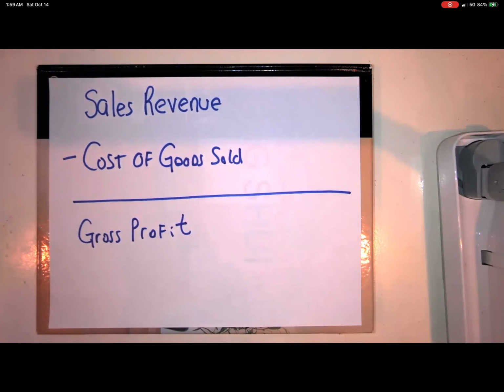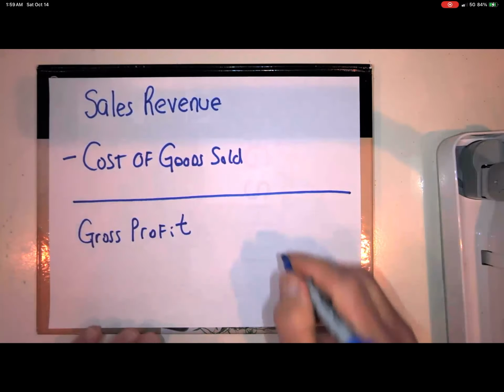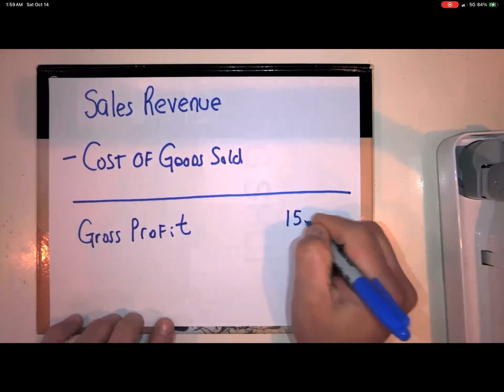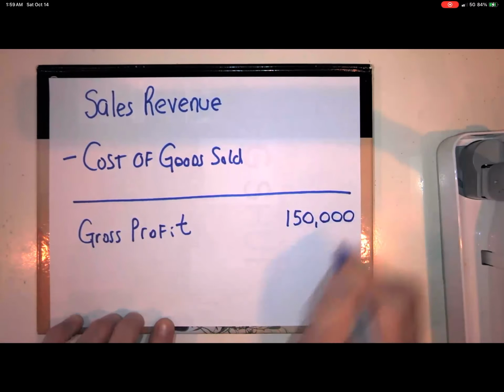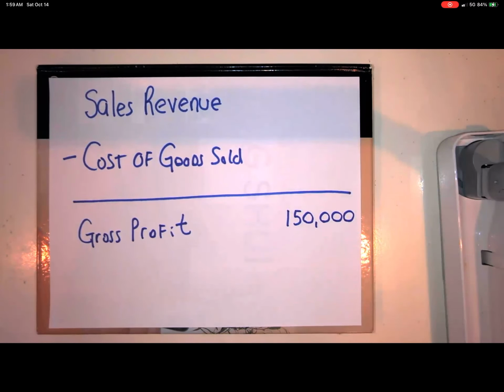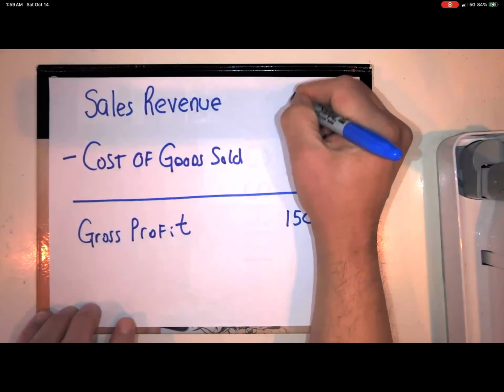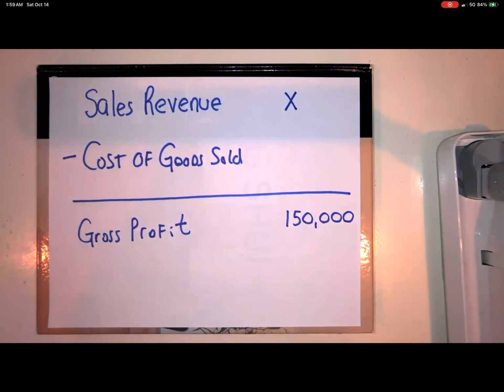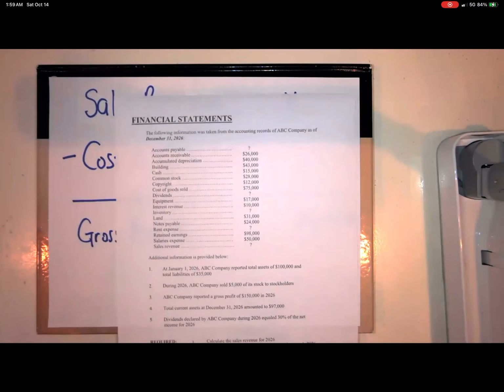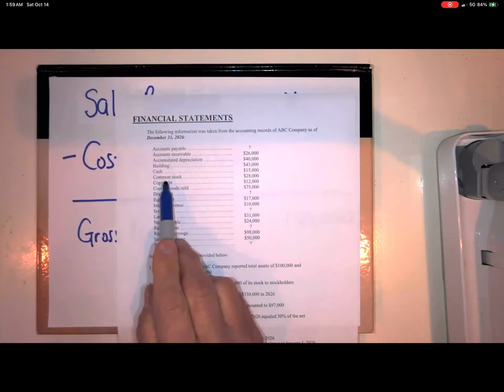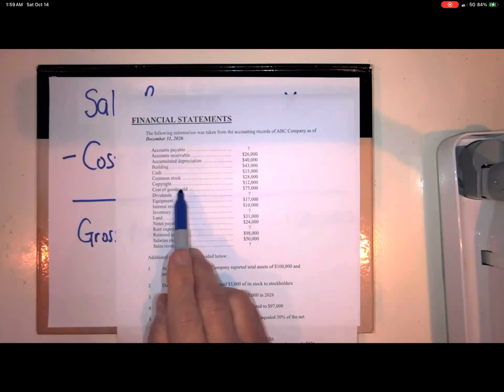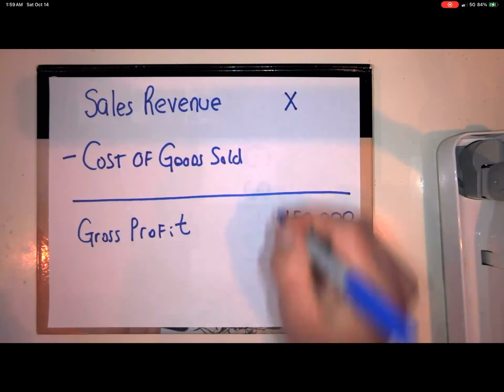And in additional information number 3, they have told us that the gross profit is $150,000. We are trying to solve for our sales revenue. So we're going to make that our X. They tell us the cost of goods sold, and again, the accounts are listed alphabetically. So what is it? Maybe about a third of the way down. You see the cost of goods sold, $75,000.